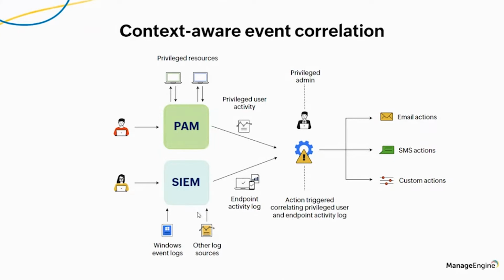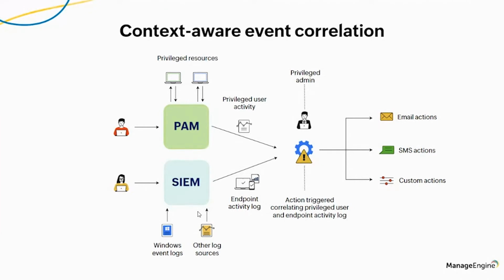But we have a SIEM solution, right? So you have probably ManageEngine's Log360 solution or EventLog Analyzer solution. And what's a SIEM solution's job? It's supposed to gather all the event logs and activities that are happening in all of your endpoints. So let's say it's a Windows machine, and this user who just looked at the password and pretty much stole the credential logs into this machine.